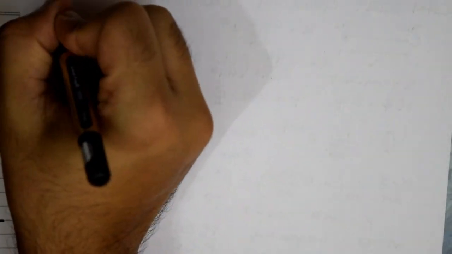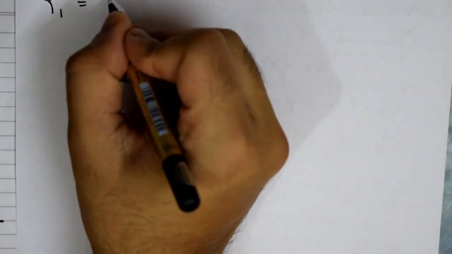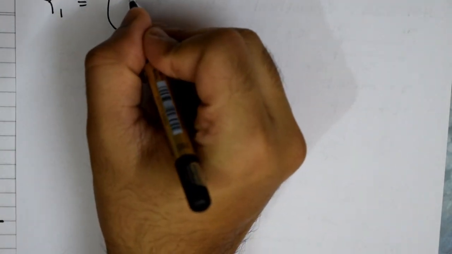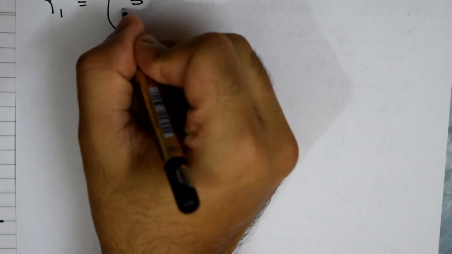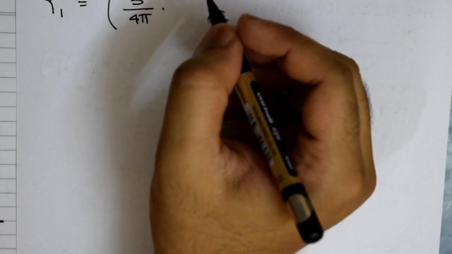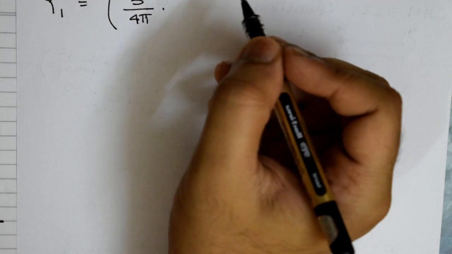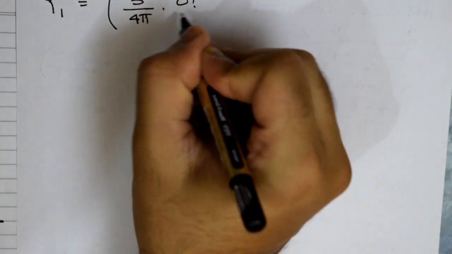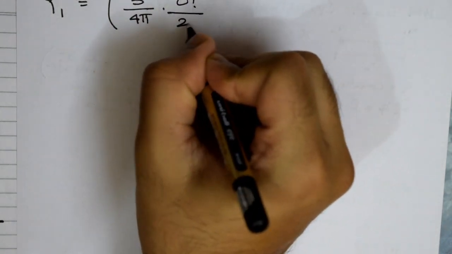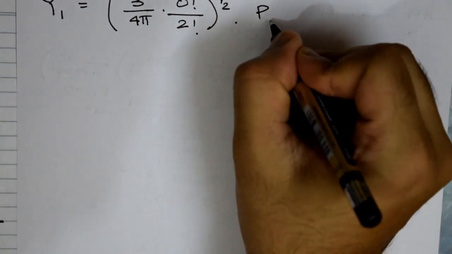So let's also try to determine what is Y1 1. Y1 1 will be equal to (2L plus 1, that is 3) divided by 4 pi times (L minus 1 factorial, so 1 minus 1, which is 0 factorial) divided by (1 plus 1, that is 2 factorial), the whole power half, times P1 of mod 1.